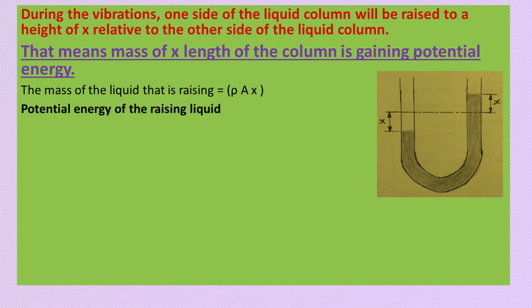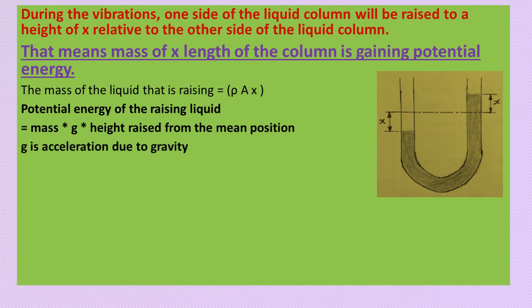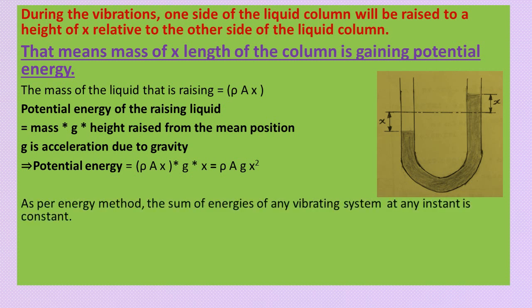Potential energy of the rising liquid equal to mass into g into height raised from the mean position. g is acceleration due to gravity. It implies potential energy equal to rho A x into g into x, that is equal to rho A g x square.